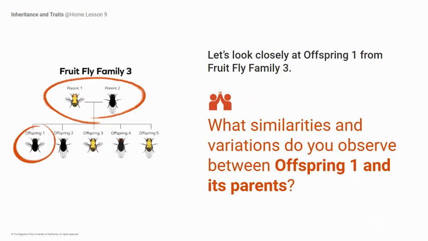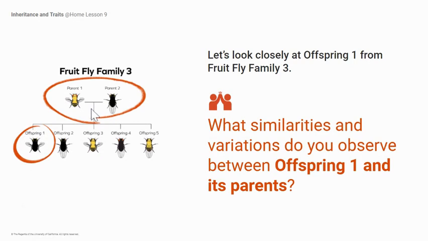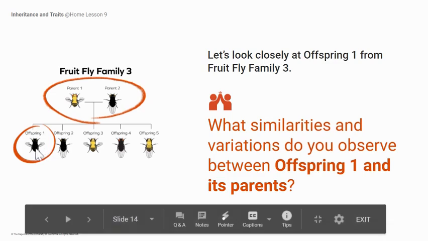If we look a little bit closer at offspring one from fruit fly family three, this one here, I can take a look back at its parents. I want to relate this one directly to these two parents. What are the similarities and variations you observe between offspring one and its parents? As I look at this, I see that the body color of offspring one is really similar to parent two.